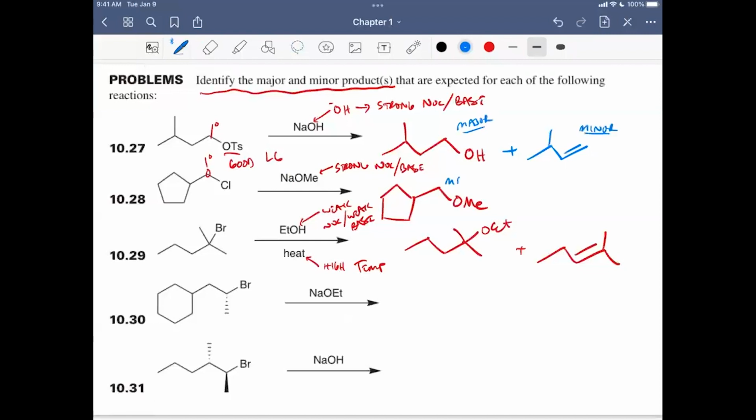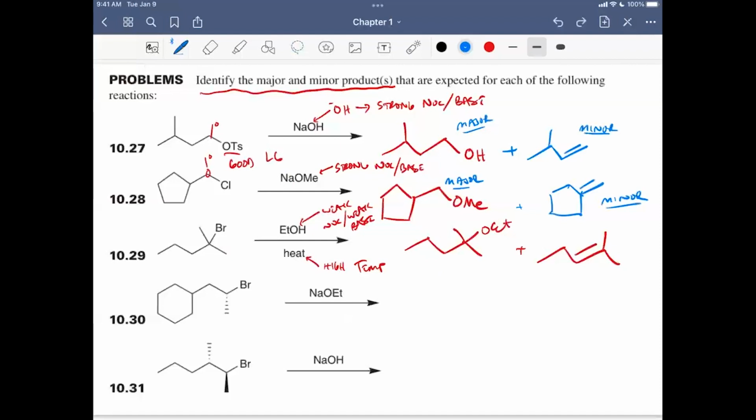This is the major again for this problem, and the minor, which depending on what your professor is like, you may not have to show. And these products don't have a major and minor because it's one of those weird examples.